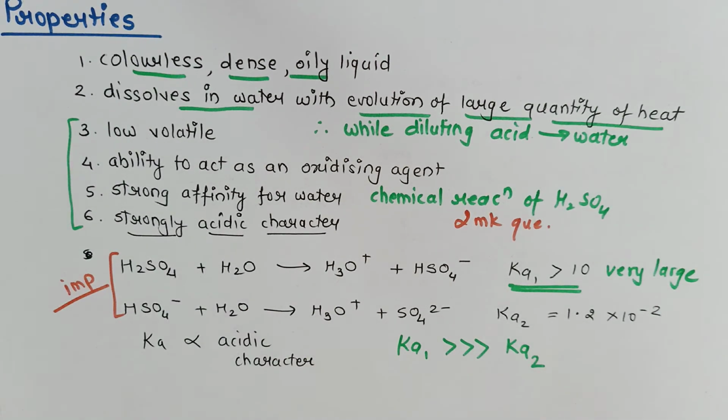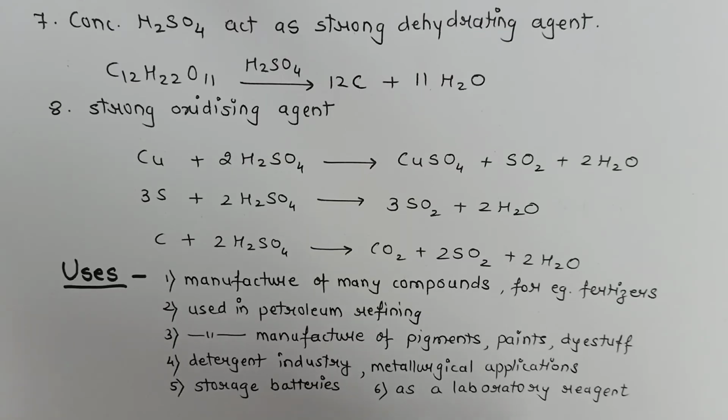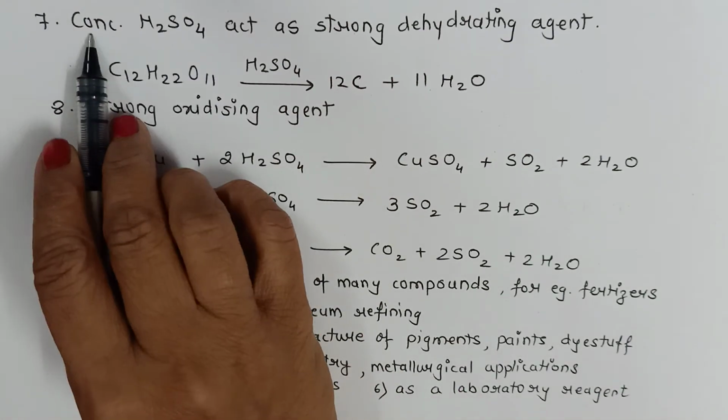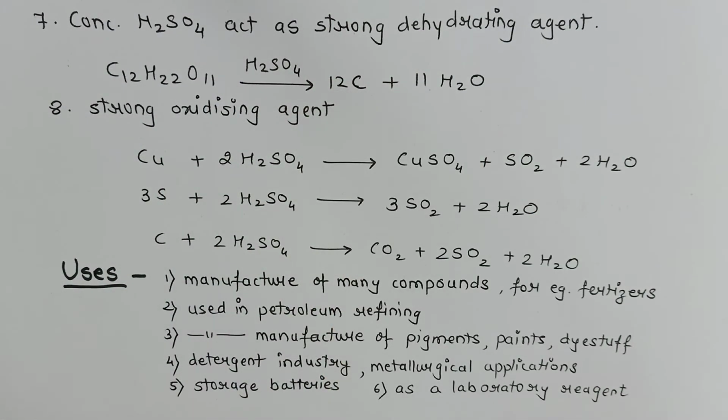Obviously, in P block, maximum topics are most repeated questions, and therefore every topic I am marking as important. In one of the points just now we have discussed that concentrated H2SO4 acts as a strong dehydrating agent. That means it will remove the water molecule whenever it comes in contact with even a single drop of water. Now many wet gases can be dried by passing them through sulfuric acid, but provided the gases should not react with the acid.